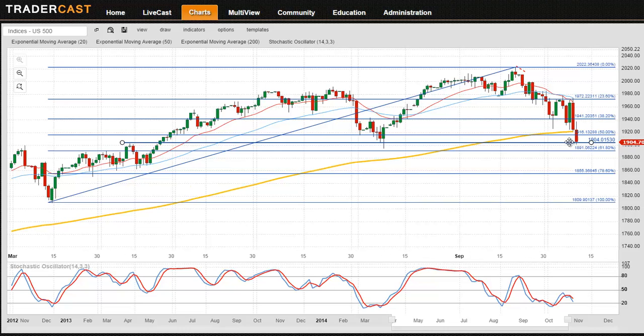Alternatively, if the current levels hold and the price moves higher, the initial resistance on the upside is at 1924 to 1926.